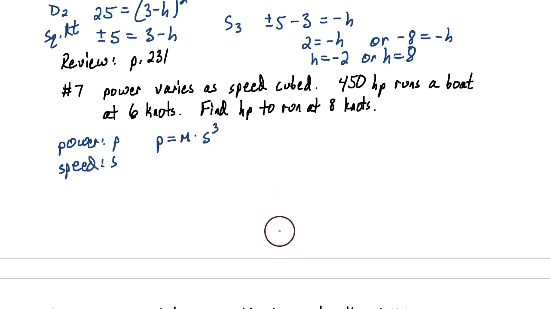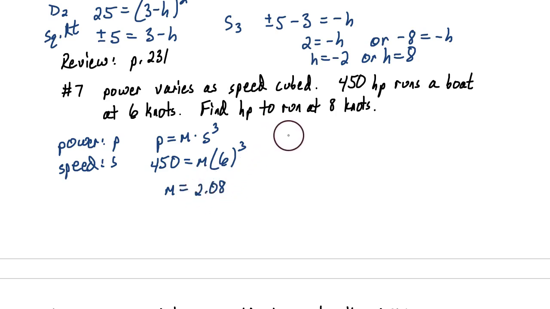The second sentence gives us a value of power and a value of speed. Let's make those substitutions. When power is 450 horsepower, the speed of the boat is 6 knots. A knot is a way that you measure speed of boats on water. Let's solve this equation for m. 450 divided by 6 to the third power is 2.08.